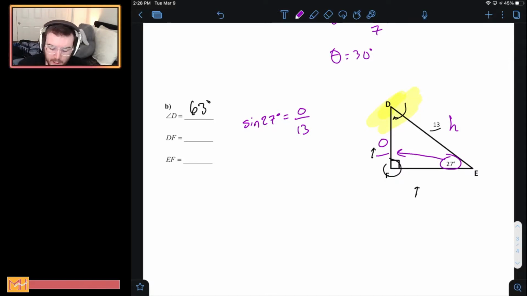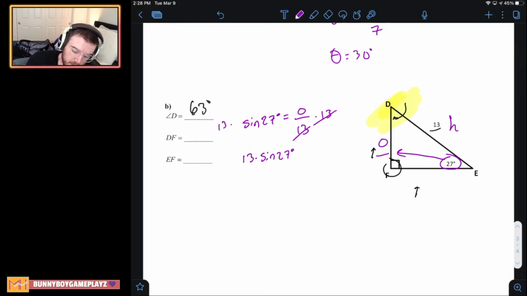Sine of 27 is going to be opposite over hypotenuse. But the thing is we don't know the opposite side. We're trying to solve for that opposite side, so solve for O. Multiply by 13 to cancel that out. So 13 times sine of 27 degrees equals O. And that is something you can just plug into a calculator.